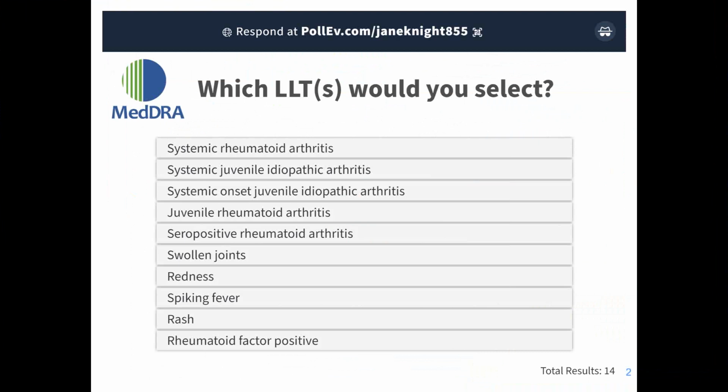Systemic juvenile idiopathic arthritis, systemic onset juvenile idiopathic arthritis, juvenile rheumatoid arthritis, seropositive rheumatoid arthritis. Would you also code the clinical signs and symptoms like swollen joints, redness, spiking fever, the rash, and the investigational finding that was reported, rheumatoid factor positive? So what would you do here?